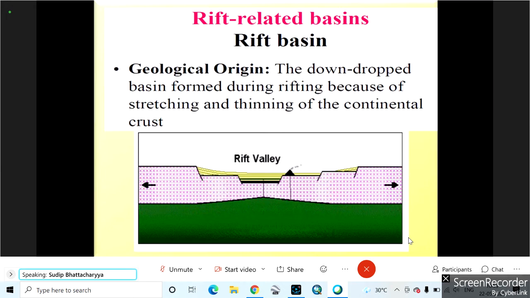That means that the suture has been developed due to thrusting of your Eastern Ghat towards the west, overriding, and then a very thickened crust over the cratons.